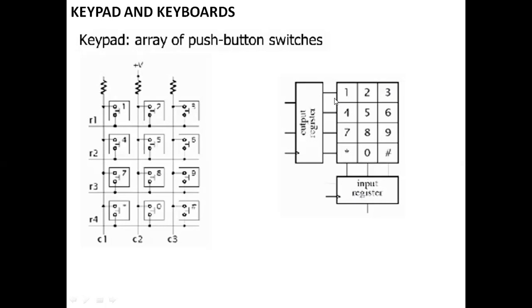So you can drive these rows R1, R2, R3, and R4 via the output register, and store the values read in the columns, namely C1, C2, and C3, using the input register.